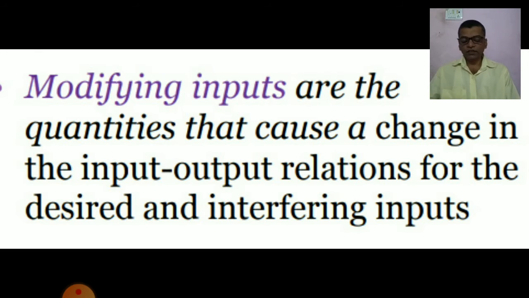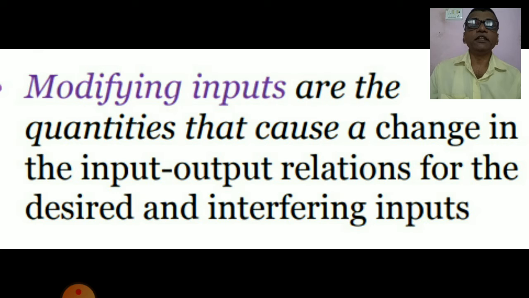So the modifying input will modify GD, the transfer function for desired input, and GI, the transfer function for interfering input. The symbols GMD and GMI represent the specific manner in which RM affects GD and GI respectively. These symbols are interpreted in the same general way as GD and GI.